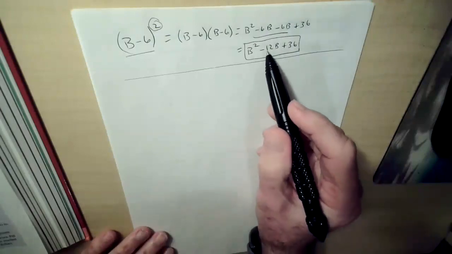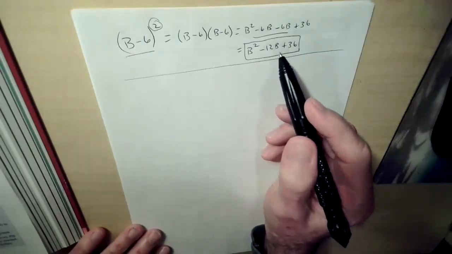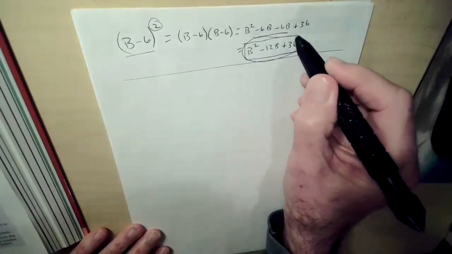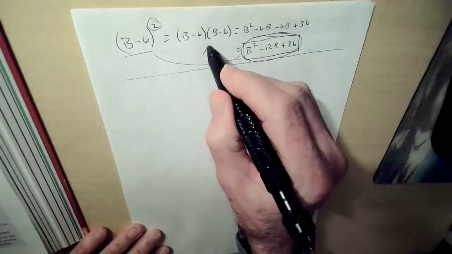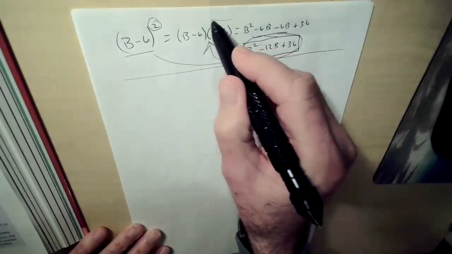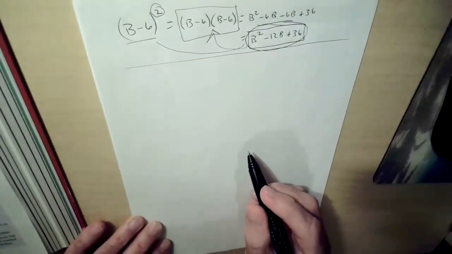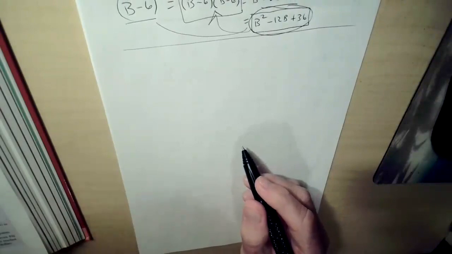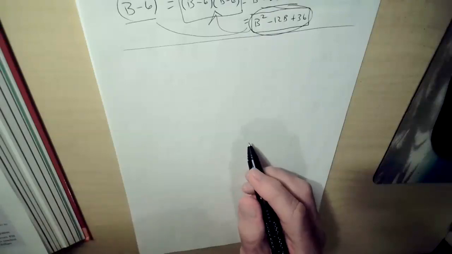Okay? Now what we're going to do next is, it seems like everything we do in math, we do frontwards and backwards. And what we're going to do is take this expression back to that. The procedure is really pretty simple.